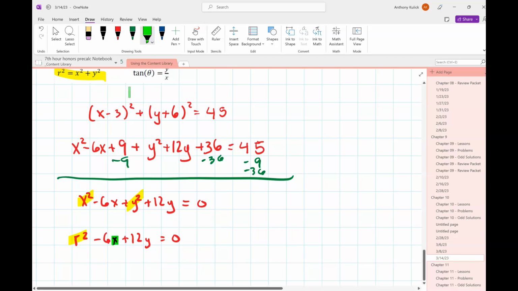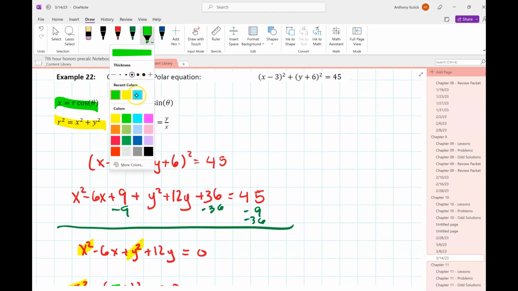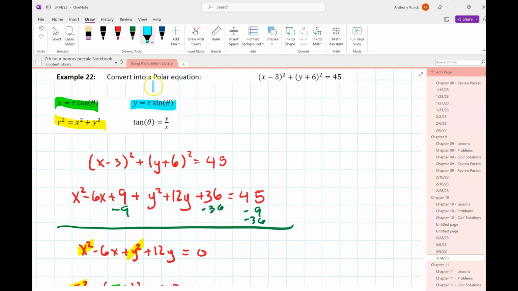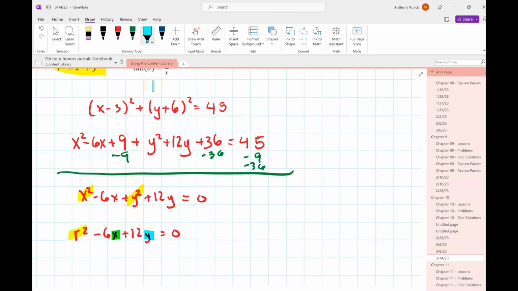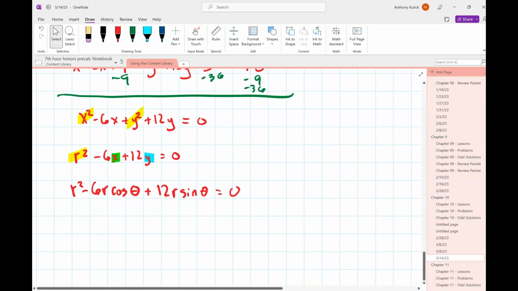Sure. Okay. Now what? Subtract those over, divide by r cosine.